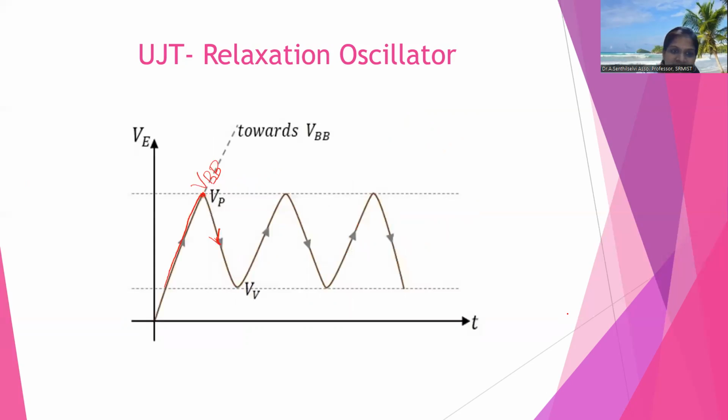See here, this is charging and this is discharging. In the characteristics, this is VP, this is VV. The repetition of charging and discharging generates this kind of wave. This is the working of the UJT relaxation oscillator.